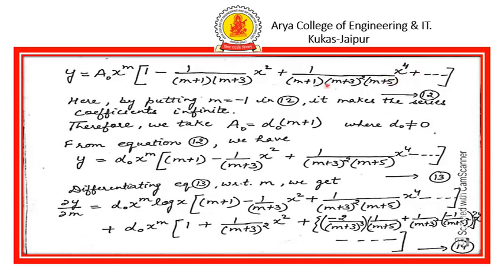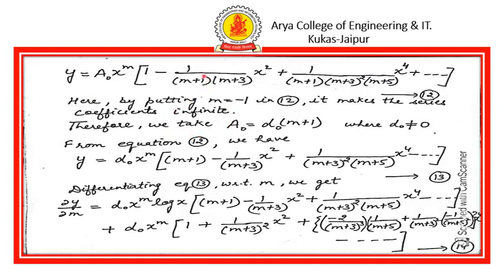The coefficient of x to the power 4 when putting m equals minus 1 becomes infinite. So when we put m equals minus 1, the series solution becomes infinite. So it is case number 3.